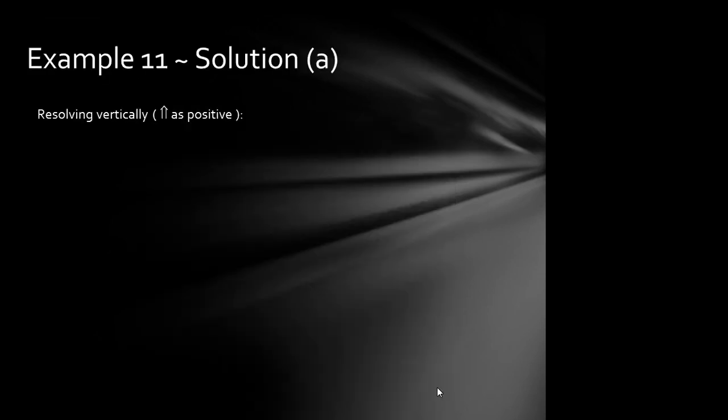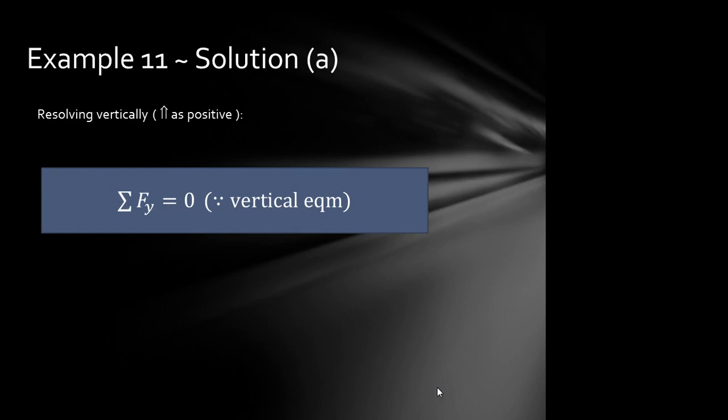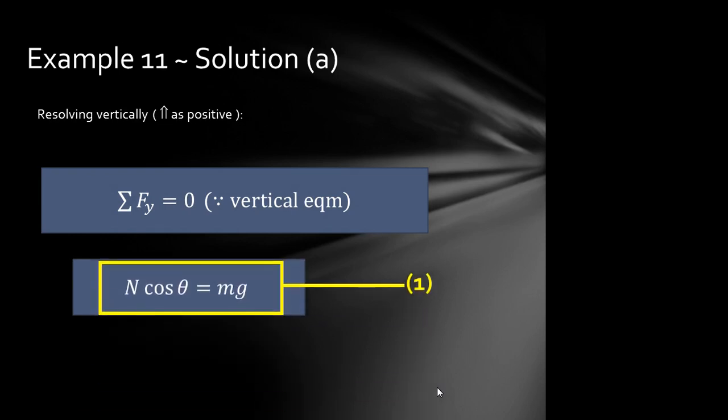So we'll do the same trick as we always do. We first find forces in the vertical direction and balance them. The component of the normal force which is vertical is N cos theta, and that must balance the weight. So left hand side N cos theta, right hand side the weight. That's our first equation.